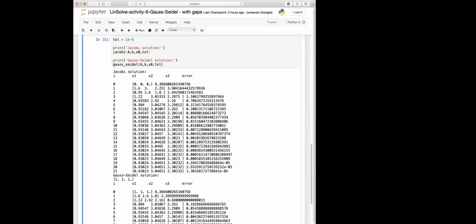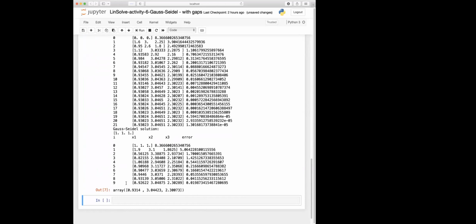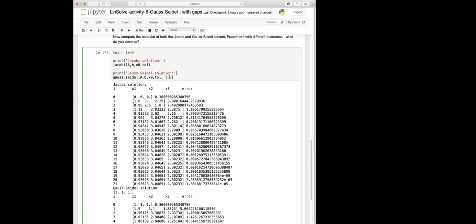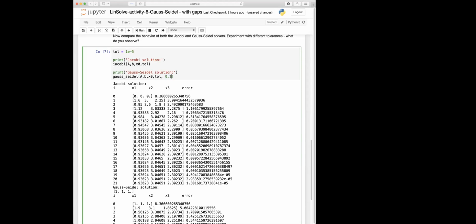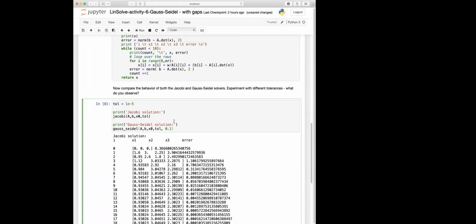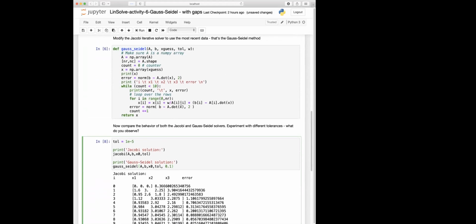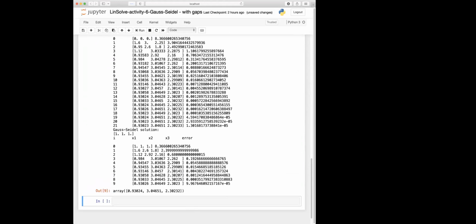Let's say 1.5. It's still at 9 iterations, okay? If I do 0.1, now the Gauss-Seidel solution is not having any effect. For this problem, it is not having any effect. For some problems, it has a huge effect, okay?